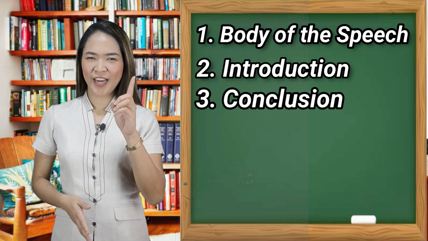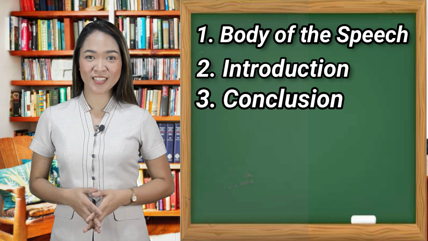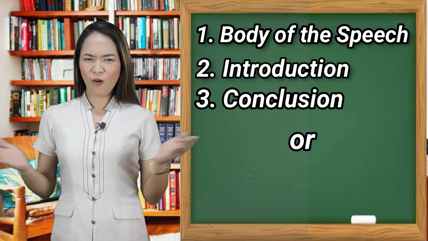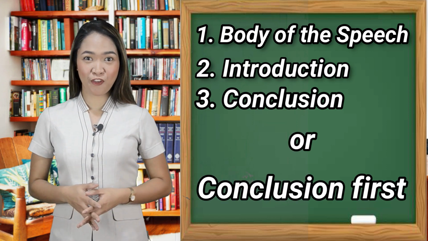Then, write the introduction and conclusion after. Or, you may write the conclusion first. You can also write the introduction first to guide the speech in the direction one wants to go. Then, fill in the body and write the conclusion.